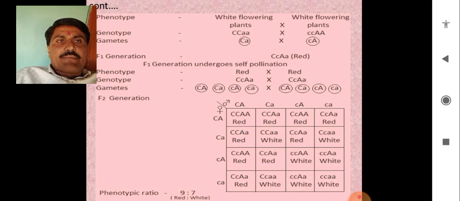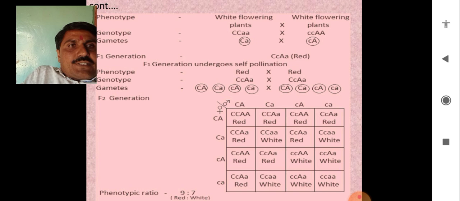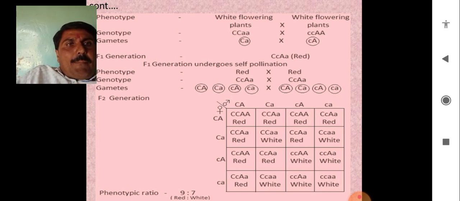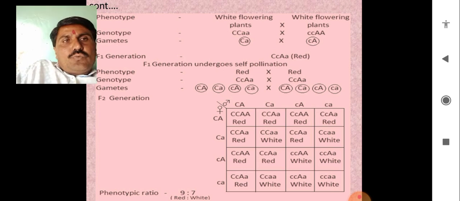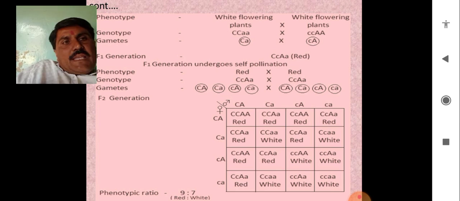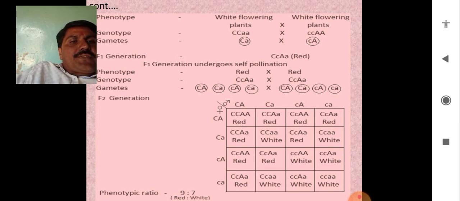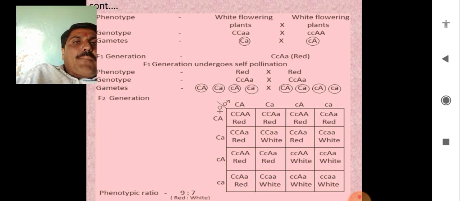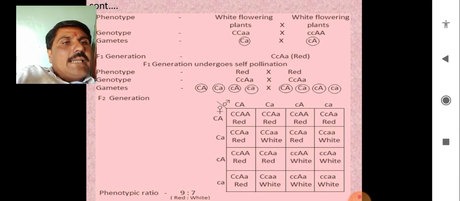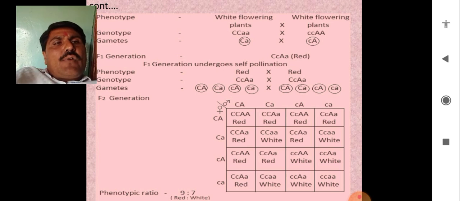The genotypes, the genes that we separate, we find in the Punnett square: capital C capital A, capital C small a, small c capital A, and the fourth one, small c small a. Friends, look at this genotype now. We are putting it in the Punnett square, female on one side and male on the other side.